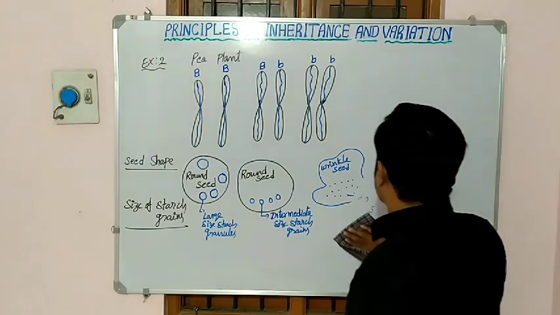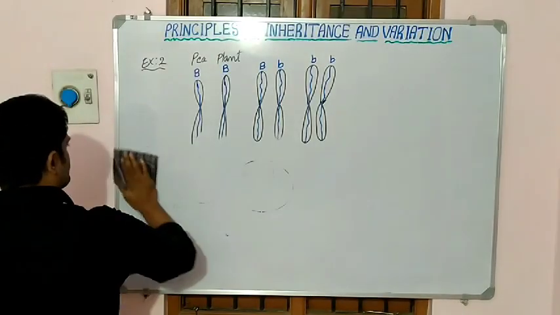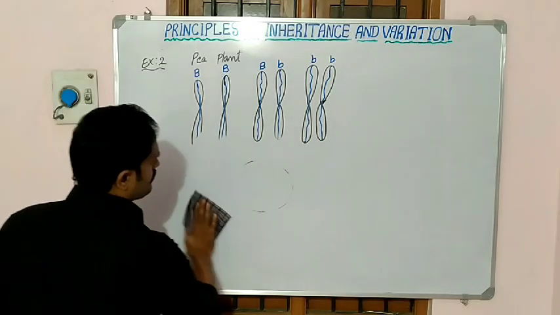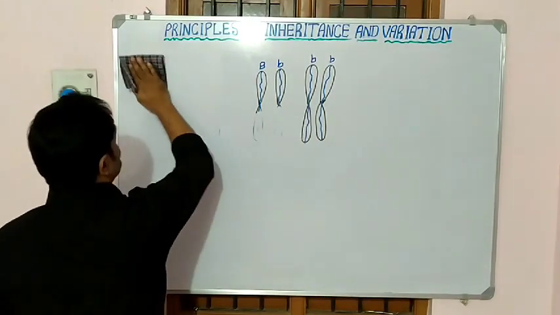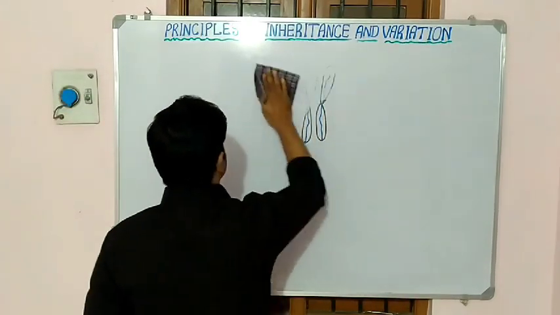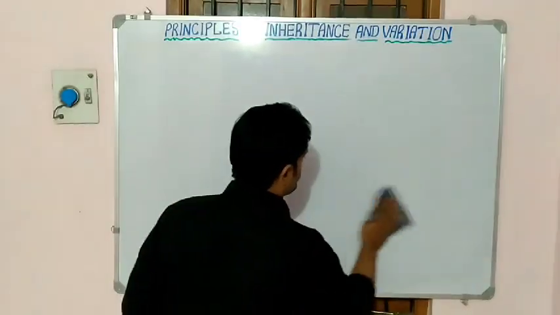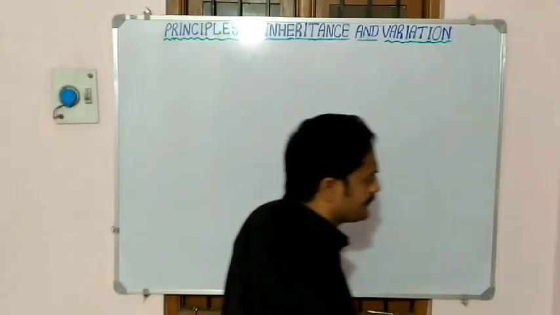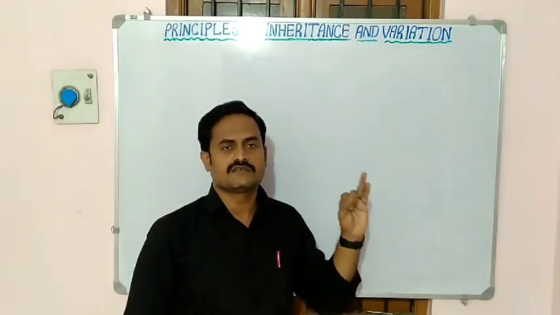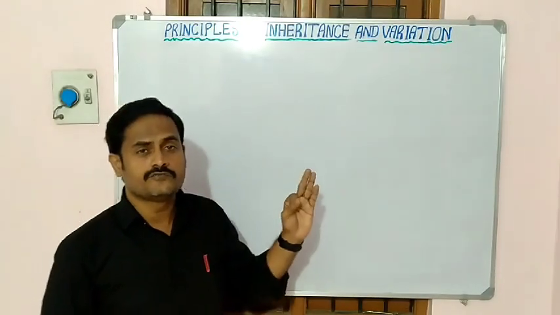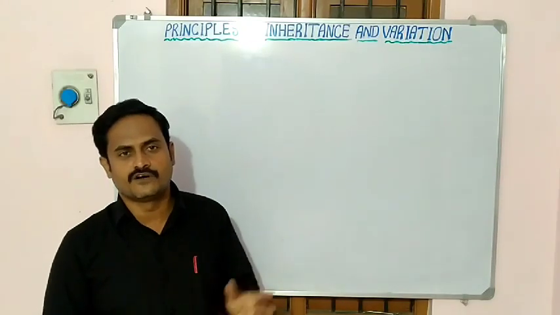See, Mendel's second law is very simple. Okay, recall, Mendel proposed three laws. What are they? Law of dominance, law of segregation, and law of independent assortment. The first law, law of dominance, is already completed.